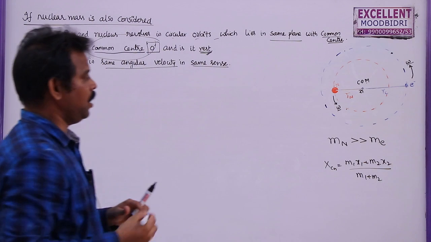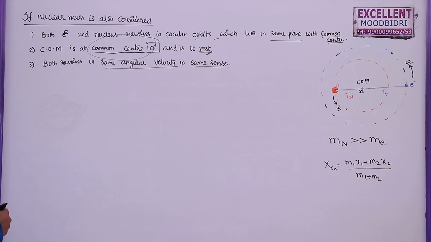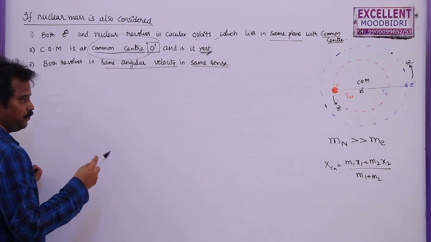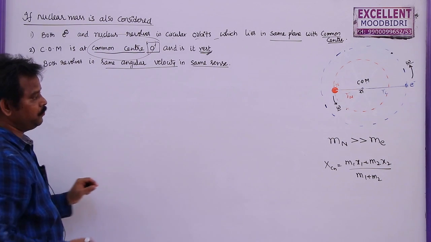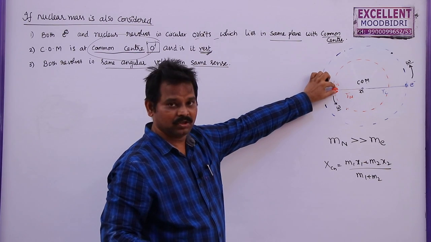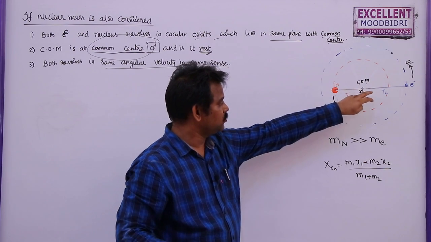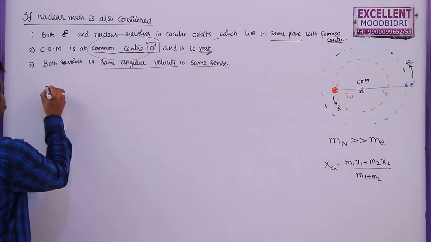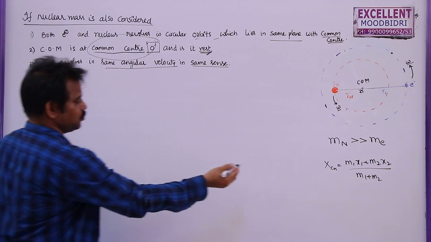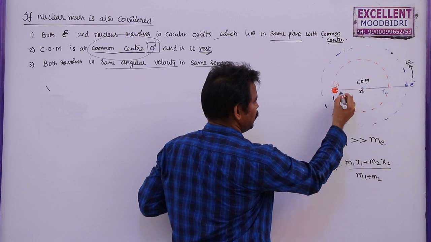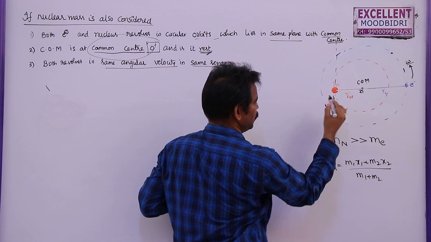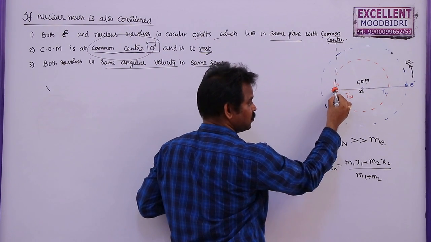Now how to find Rn and Re? We studied this in center of mass in the first year, system of particles and rotational motion. Here if you consider this as the origin, what is the center of mass coordinate? I can write xcm equal to m1x1 plus m2x2 by m1 plus m2. Let us say the nucleus is at the origin.